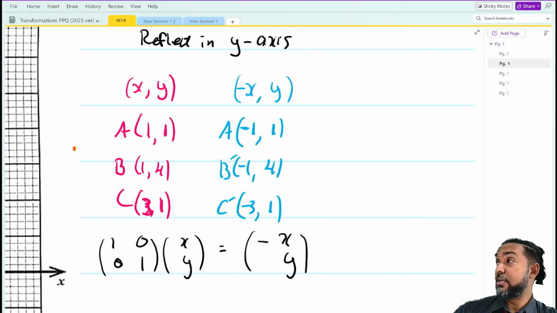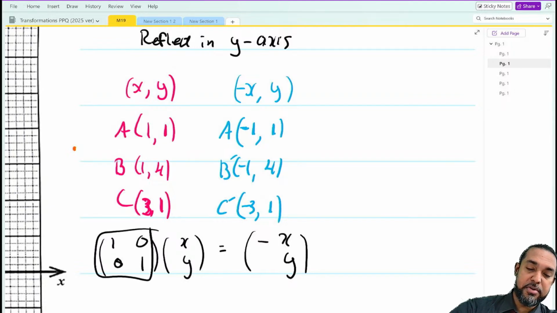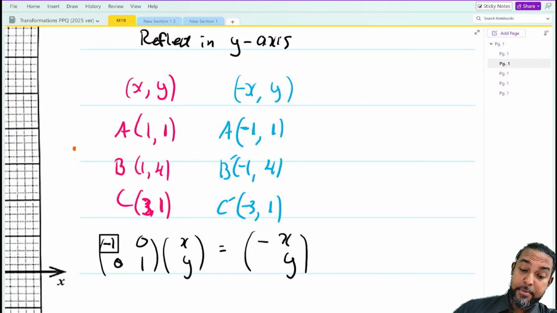The x. The x has to change sign to the opposite sign. And we could do so by multiplying by what number? Minus 1. So which of these ones here will have to change to minus 1? First one. So if you multiply minus 1 by x, what do you get? Minus x. And 0 by y will give us what? 0. And minus x plus 0 is minus x.